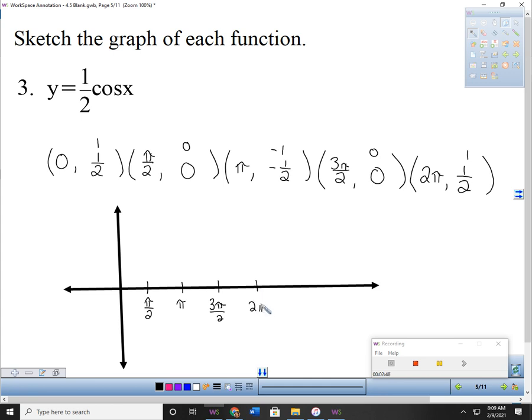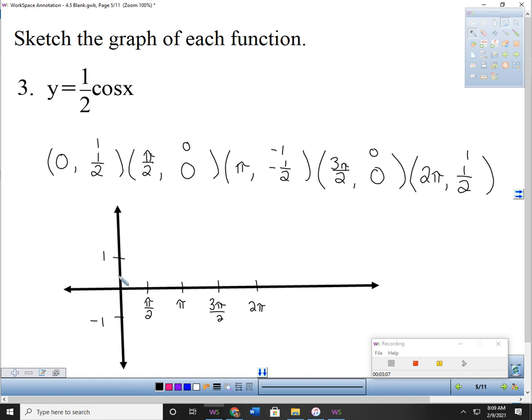And you really want to make sure that you space out fairly evenly. Of course, it's not going to be perfect because you're doing it by hand. And then I know that the highest up I'm going to go is 1/2. So I'm going to mark a spot for 1 and -1. And then I'm literally just going to plot these points.